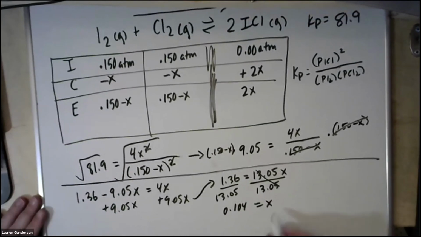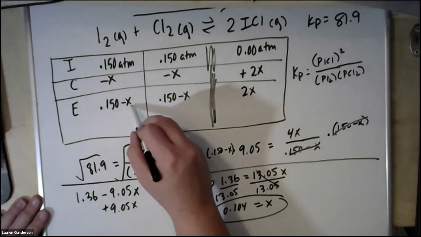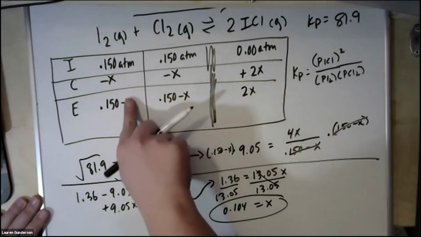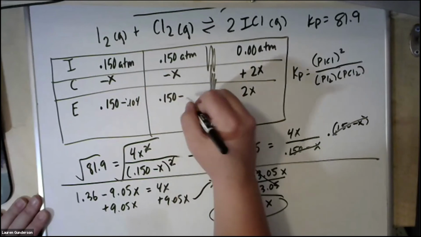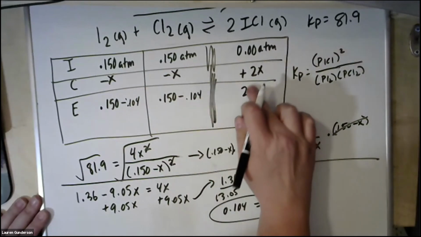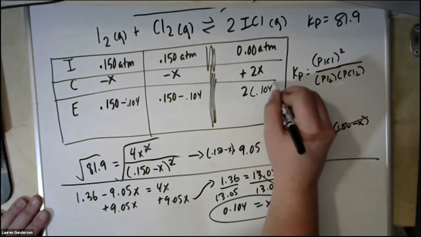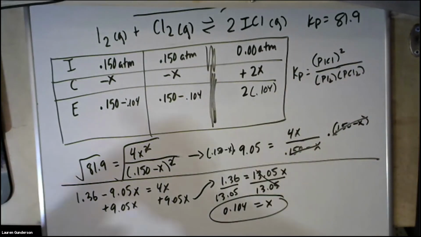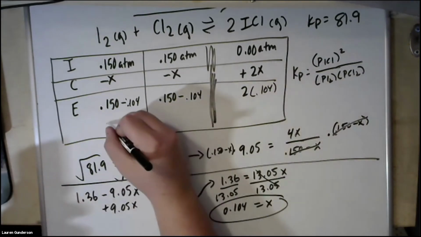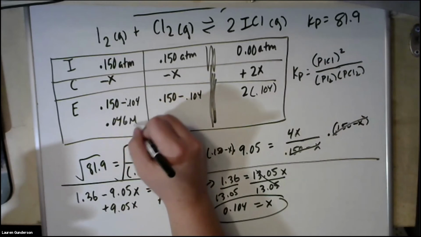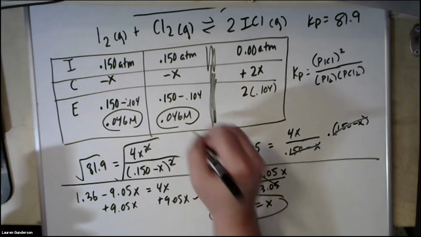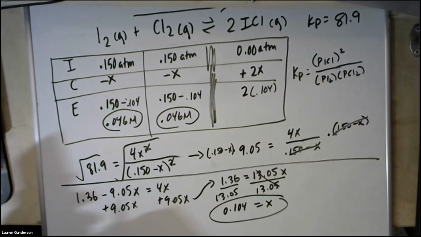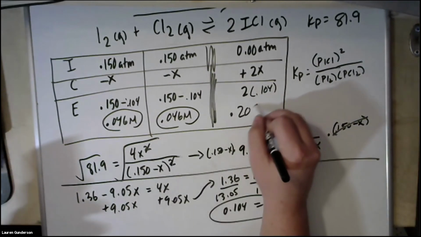All right. Last step, we have to plug in our x value. So this will be 0.150 minus 0.104, 0.150 minus 0.104, and then 2 times 0.104. So we're going to end up with 0.046 molar, 0.046 molar, and 0.208 molar.